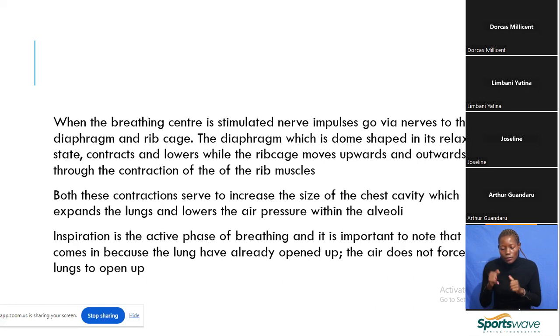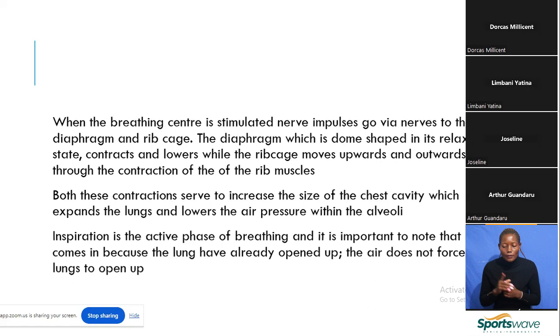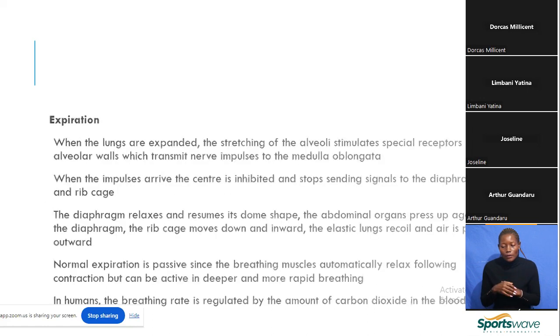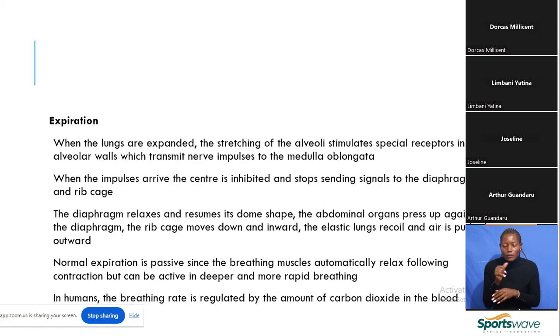What again I want to point out here is that inspiration is the active phase of breathing. Active in that it requires energy. It requires energy for those muscles to contract and get the chest cavity bigger for the air to come in. So it's an active phase. But expiration, expelling the air, is not an active phase.